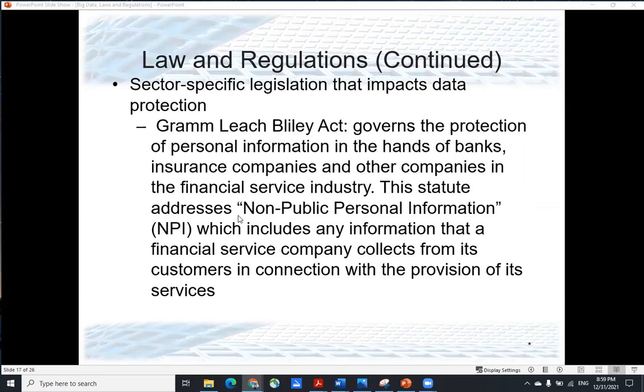So this is mainly about financial services, and this statute addresses non-public personal information, which basically means private information, right? This includes any information that a financial services company collects from customers in connection with the provision of its services. So the GLBA deals with financial institutions.